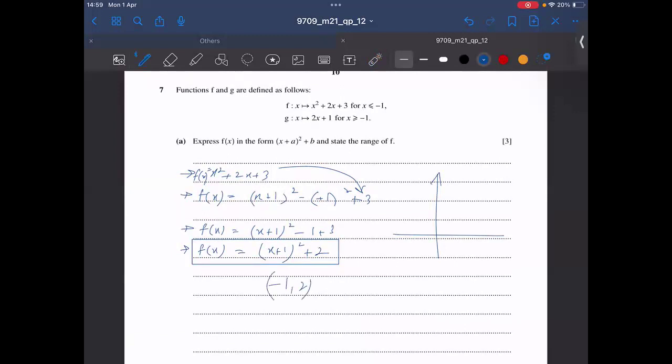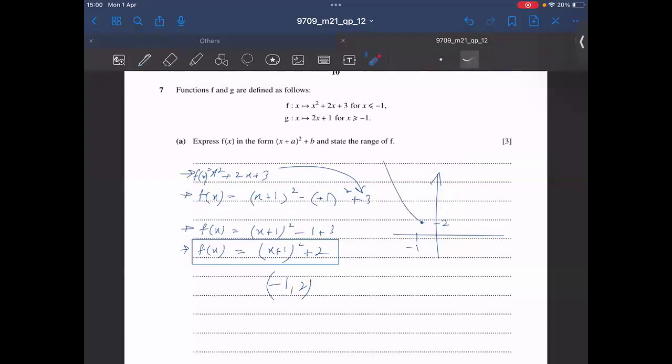It's going to be turning like this. But the sketch would not be like this completely. It would be just this.